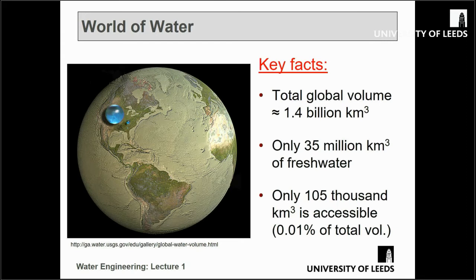But only that tiny little drop there, 105,000 cubic kilometres, is accessible. So 0.01% of the total volume. Now that's just putting something in context. We'll never use these facts again, but I thought it was useful to look at.